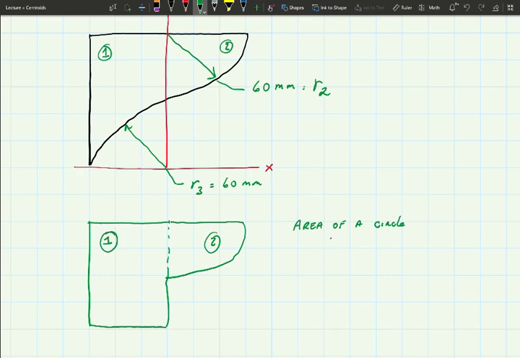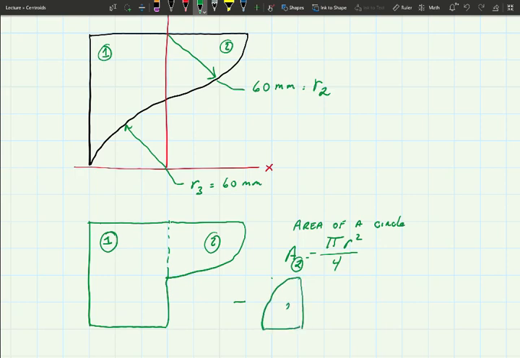So pi r squared divided by 4, and that'll give you the area of 2. Now the other piece is we're going to take all that and subtract it from this curve right here.